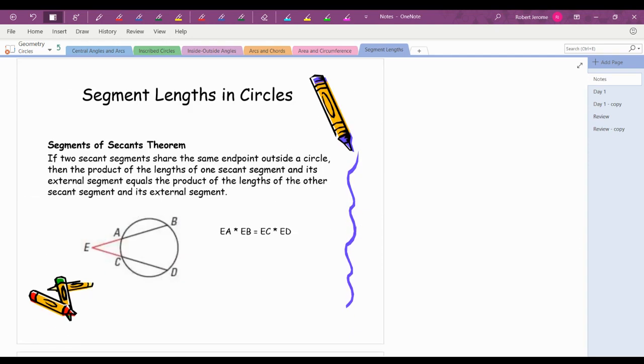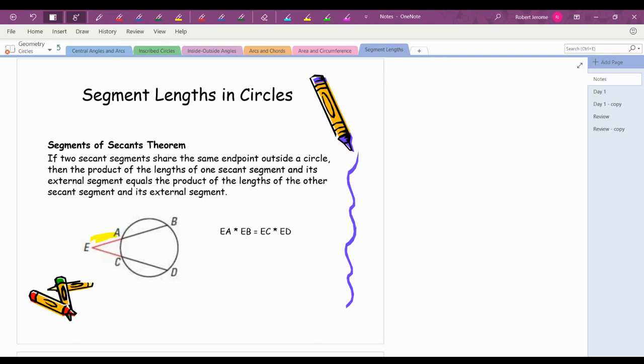So we have our segment lengths in circles again. We're working with secants. So again, let's notice what's happening here. In a secant, we have part on the outside, part on the inside. So in this case, we have a secant that only extends outside the circle on one side. Okay, so looking at the secant EB, we're talking about the part called EA, and then the chord is on the inside.